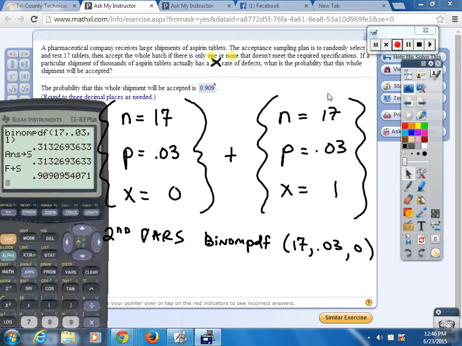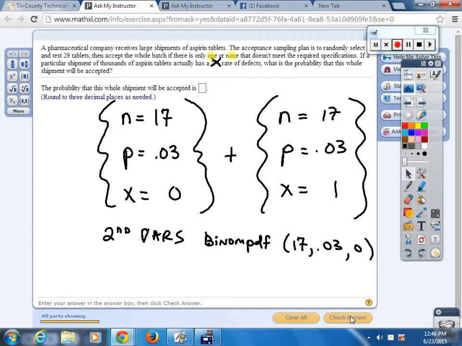All right, so to make sure everybody's got it, let's do a similar one. This one says, a pharmaceutical company randomly selects and tests 29 tablets, then accepts the whole batch if there is one or none that doesn't meet the required specification.